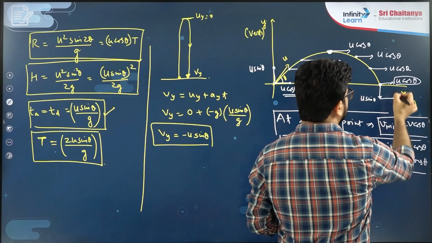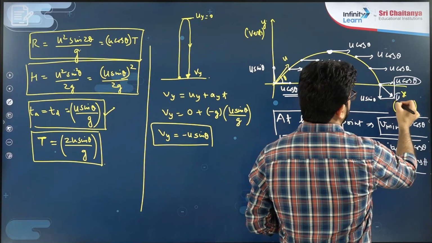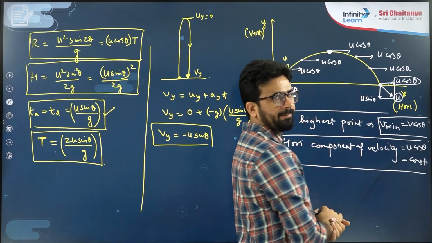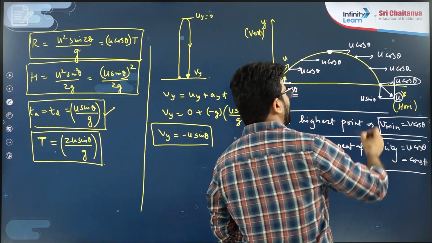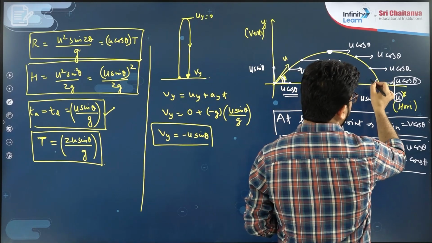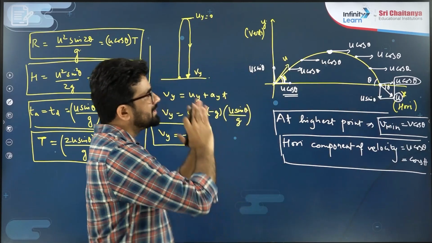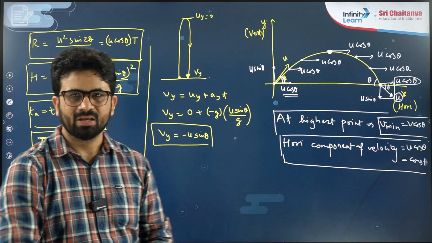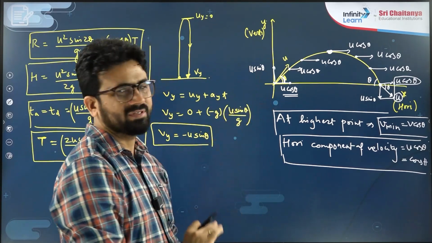That means here also the final total net velocity will be u only. That means the angle of projection is theta, then at the point of landing also the angle would be theta. That is also with the horizontal, the same angle, that would be theta. There is no change about it. That thing you have to understand first.